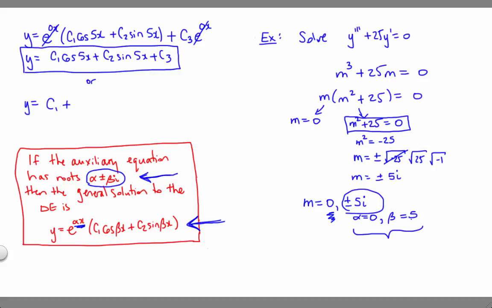Alpha is 0, beta is 5, so we'd write down e to the 0x times some other stuff, and again we'd say, well, e to the 0 is just 1, so we don't really need that part on there. We'll make the brackets a little bit bigger. Okay, and in fact we don't even really need the brackets, but I'll keep them on here just for clarity so we can follow along with what's going on.